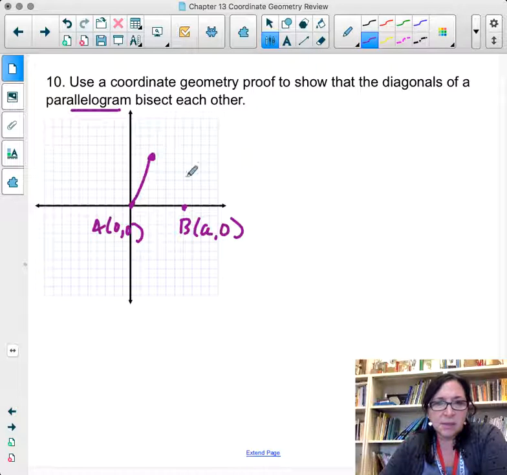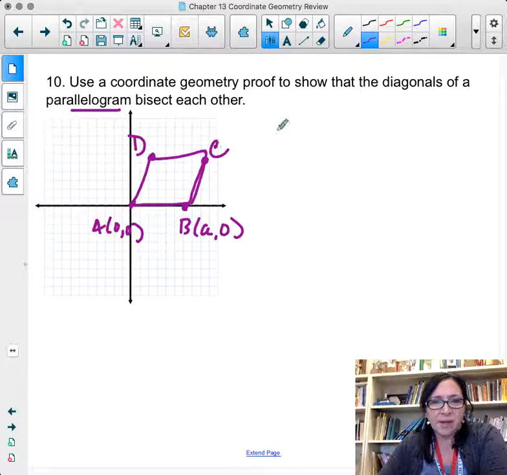Parallelogram. Let's see these here. What would this be? C, this is D. Let's call this, what are we going to call that? B, A, this is over A, up.